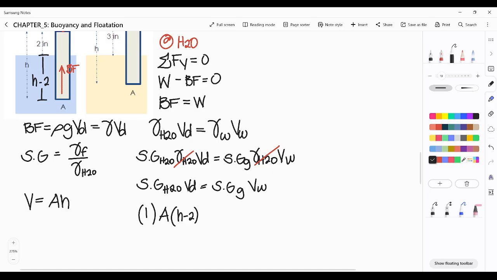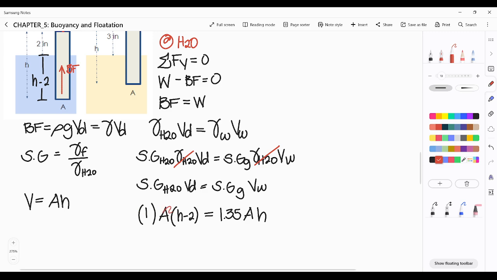And then the Sg of glycerine is 1.35 times the volume of the wood. The volume of the wood is the total height times the area. Area times the total height.